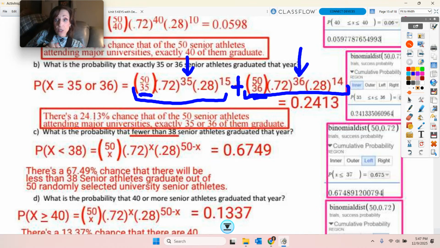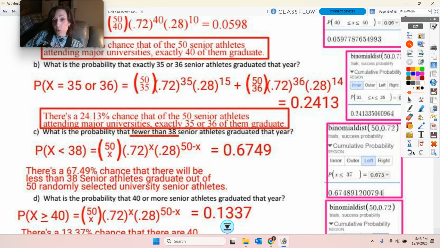So what I did was, you can see that I was able to go in here to my binomial distribution over here, and I did 35 to 36, and it goes ahead and adds those two probabilities together. So then we have got the 0.2413.